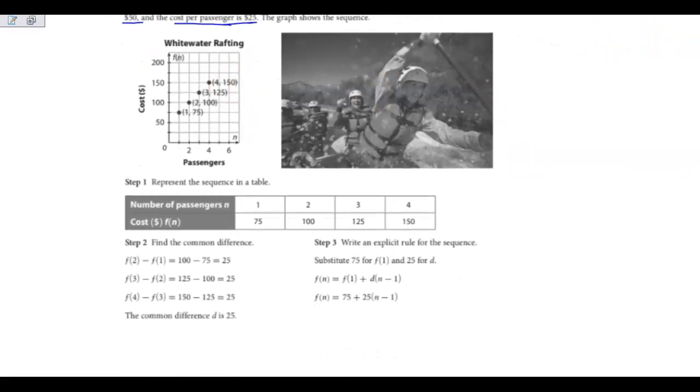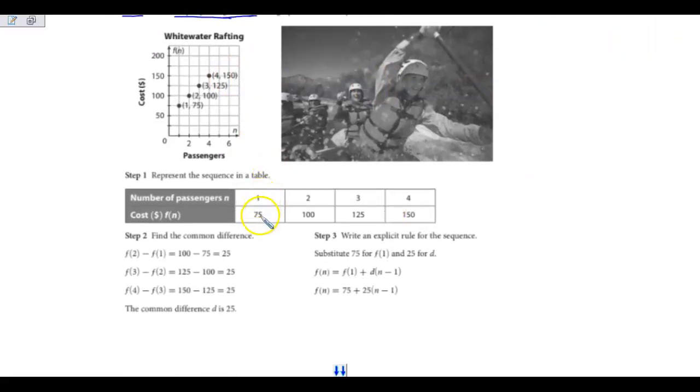We also have it in a table. First term is 75, second term is 100, third term is 125, fourth term is 150. Now we have to find the common difference. If I take 100 minus 75, that is 25. So my common difference is 25.